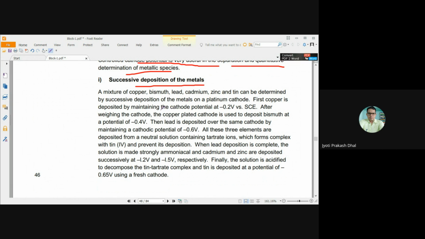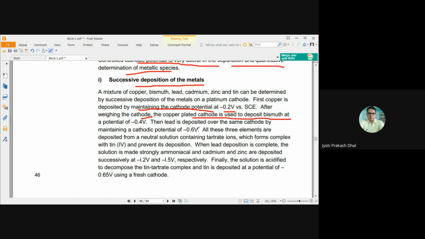If we take a mixture of copper, bismuth, lead, cadmium, zinc and tin, it can be determined by successive deposition of the metals on a platinum electrode. First, copper is deposited by maintaining a cathode potential at minus 0.2 volt, and after weighing the cathode, the copper plated cathode is reused to deposit bismuth.